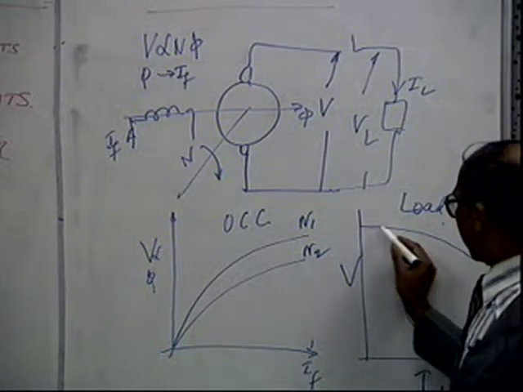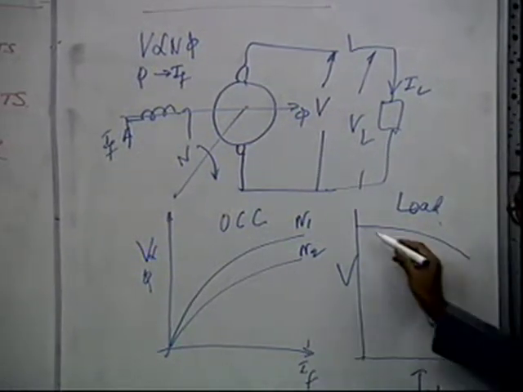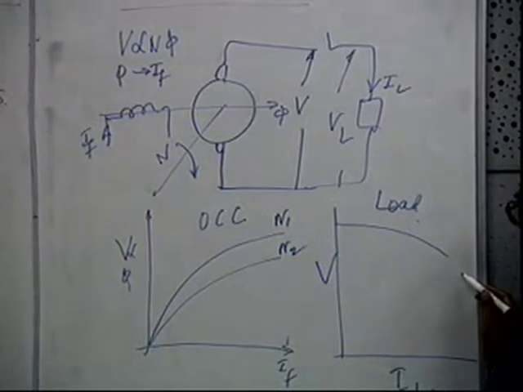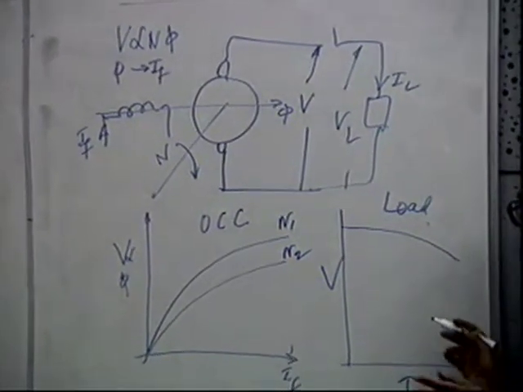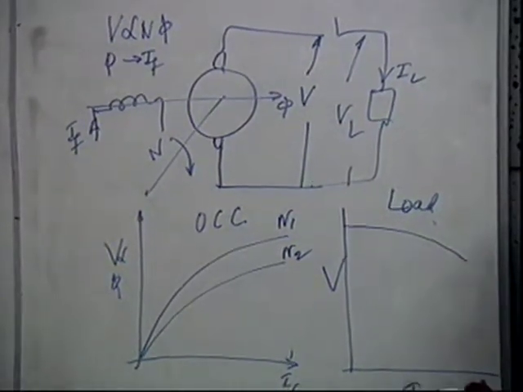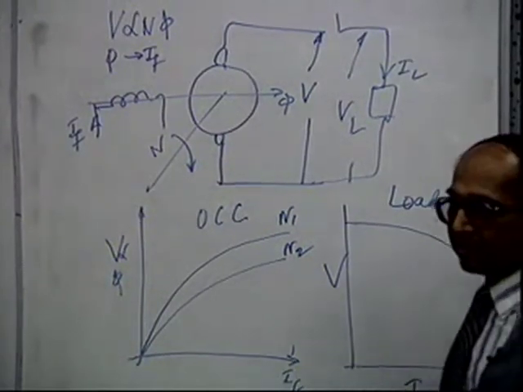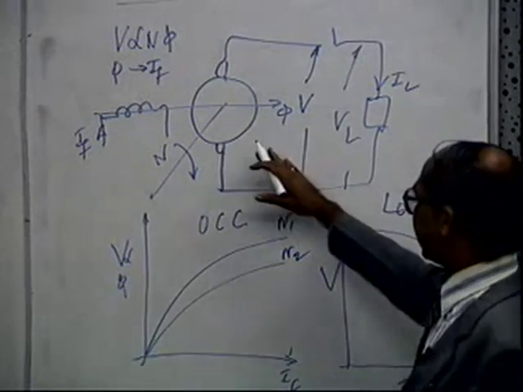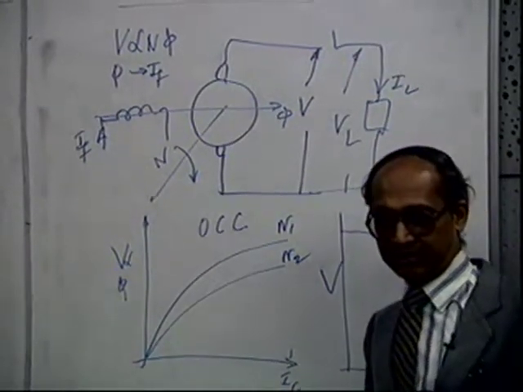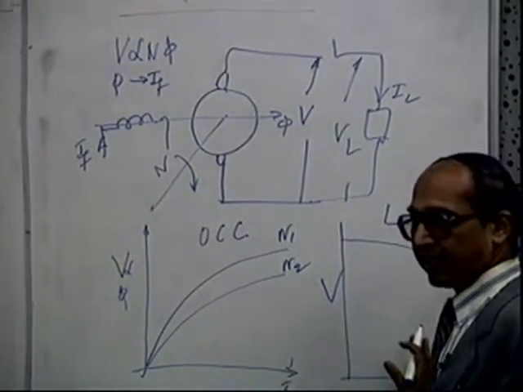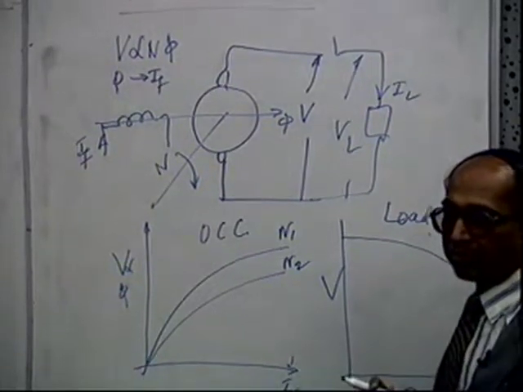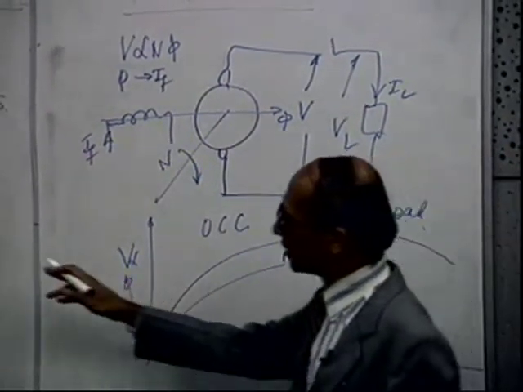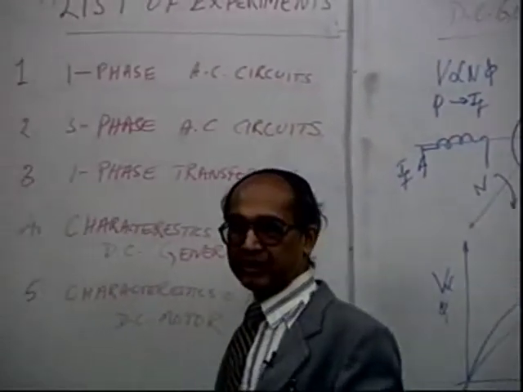So usually this is what is observed: as you increase the load, the voltage drops down. It happens in any electrical system, because of internal circuit resistances. We will do these details in the theory lectures later. So these are the characteristics which you are supposed to observe in the experiment on characteristics of a DC generator.